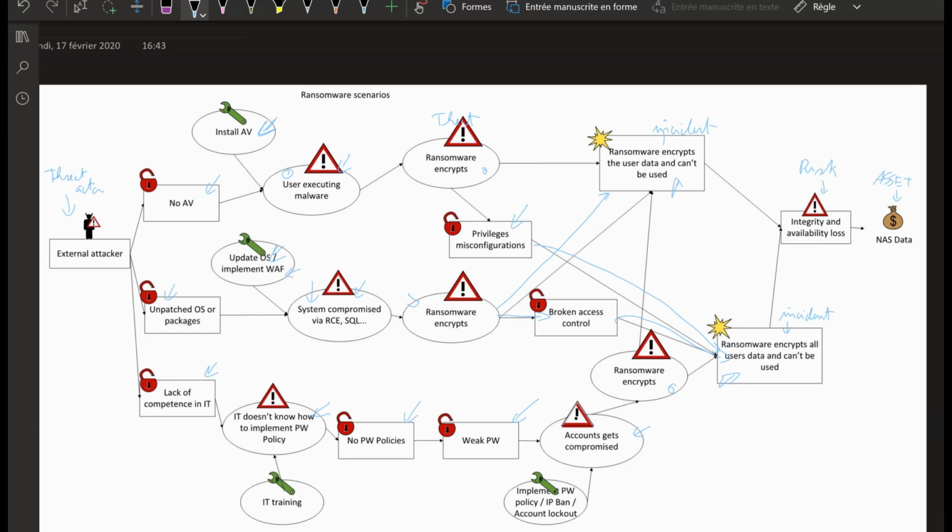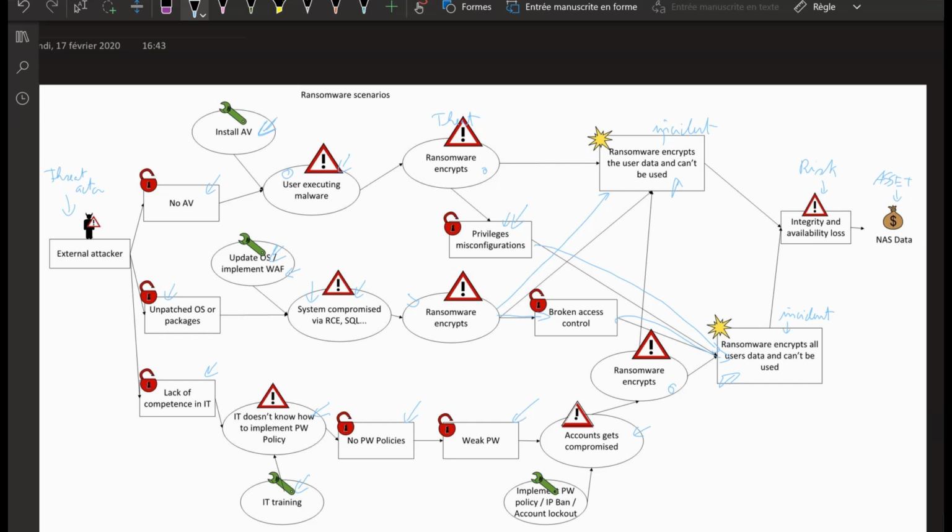Then what do we have? For privilege misconfiguration, well, you correctly configure your privileges, for example. Maybe here a little box in this area is missing, but that's not important in this case. And if our IT staff doesn't know how to implement a password policy, then we have to train them.